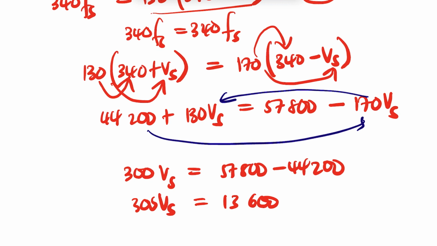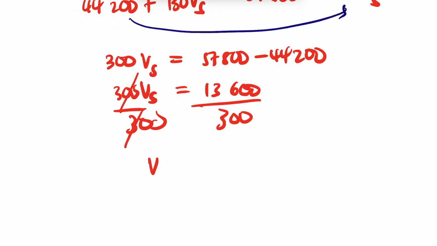So we have 300 Vs equals 13,600, and then we divide both sides by 300 to get Vs. So 13,600 divided by 300, the answer here is 45.3 meters per second. That's the speed of the source.